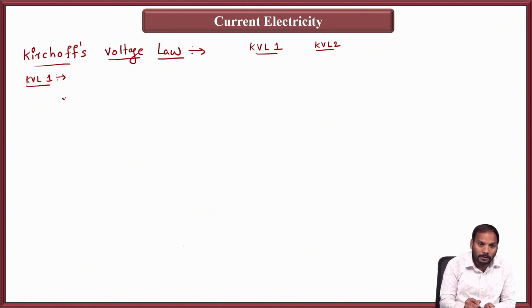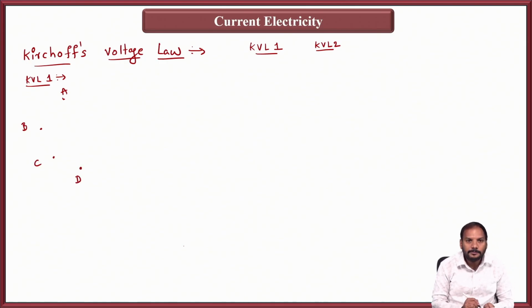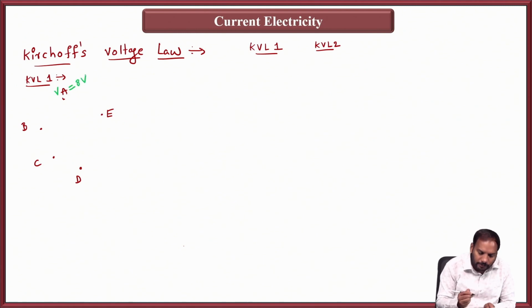Let us consider this is node A, this is node B, this is node C, and this is node D. Similarly, this is node E. Let us assume some potentials already exist at these different nodes. Potential at node A, let us consider 8 volts.